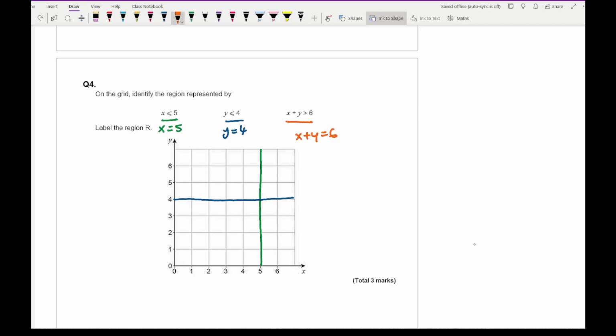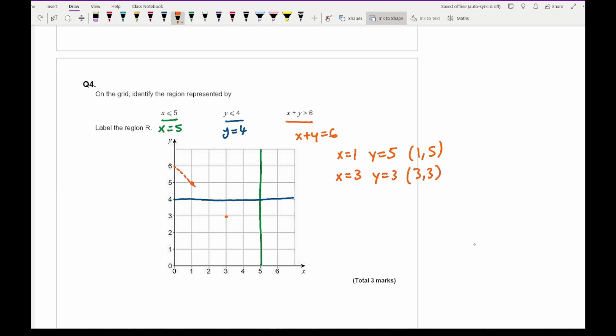If I just make up 2 random coordinates, let's go for when x equals 1, y is going to equal 5. So one coordinate is 1, 5. And another coordinate is, let's go for when x equals 3, y is going to equal 3. So if I plot 3, 3, 1, 5 is here, 3, 3 is there, and it's going to be a dashed line.